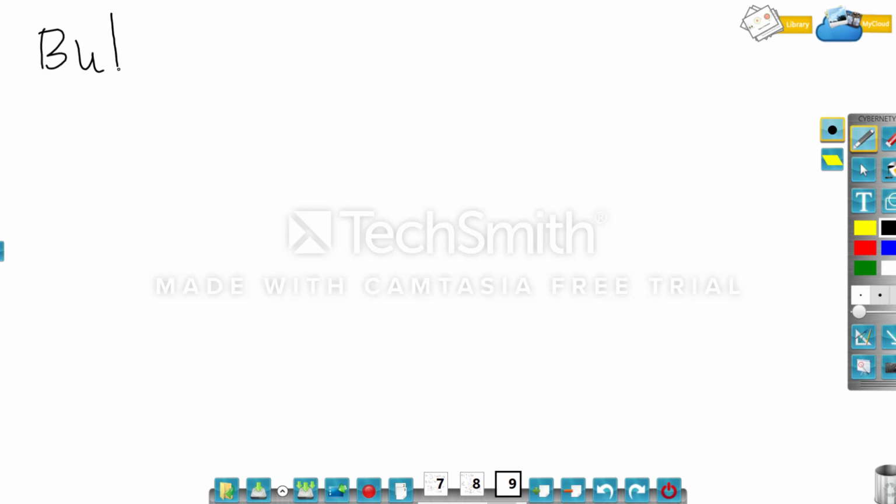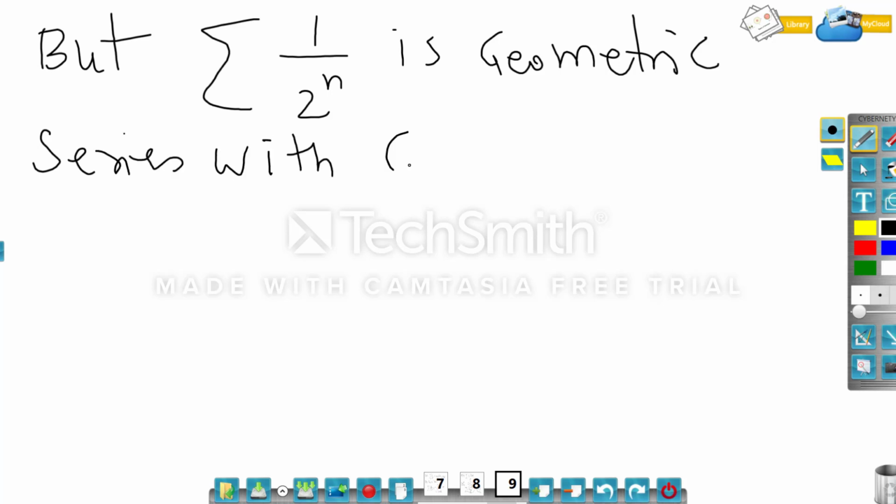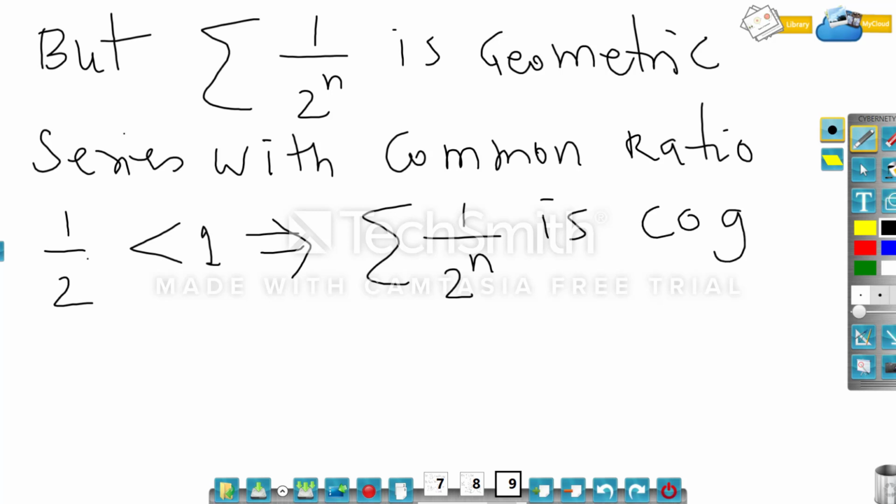But series 1 upon 2 raised to n is geometric series with common ratio half, which is less than 1, implies series 1 upon 2 raised to n is convergent.